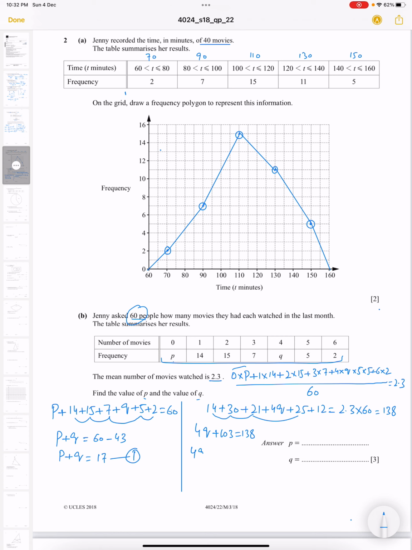So 4q is equal to 138 minus 103. Let me confirm these calculations again. 14 plus 30 plus 21 plus 25 plus 12. Sorry, it is 102.